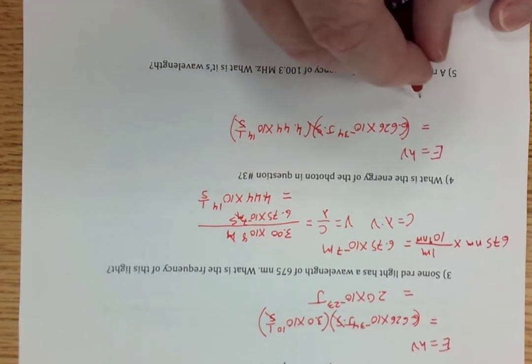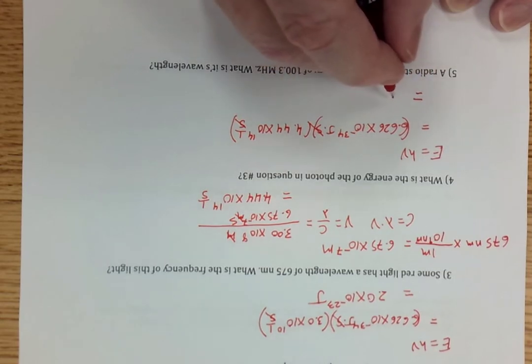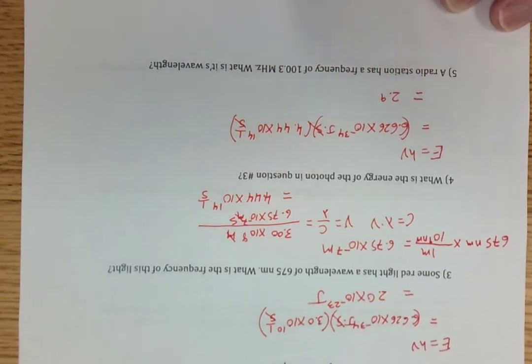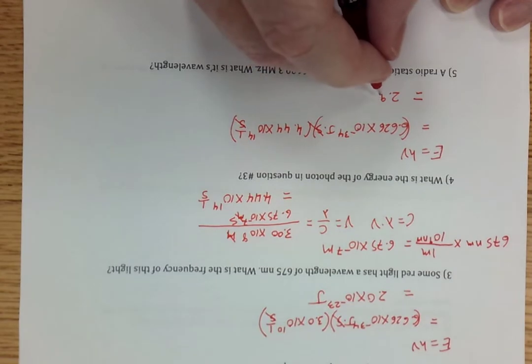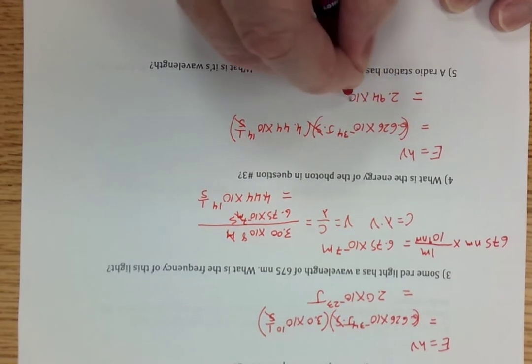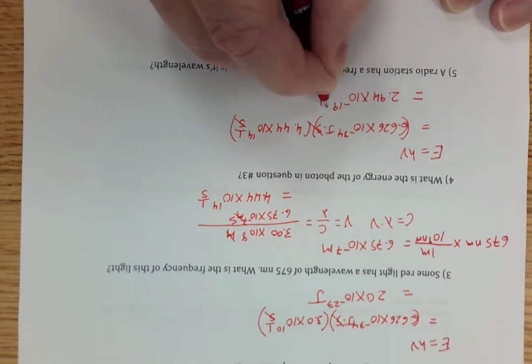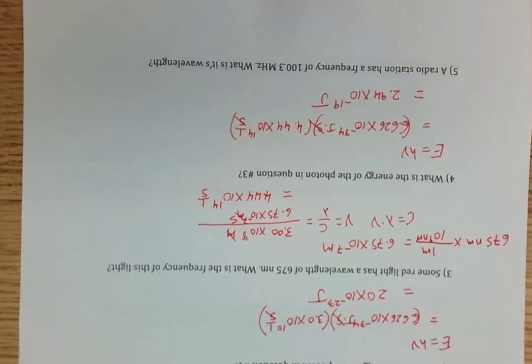Seconds cancel seconds. And this equals 2.94 times 10 to the negative 19th joules. And again, a photon is really small. It's not going to have a whole lot of energy. That's why these are such small numbers.